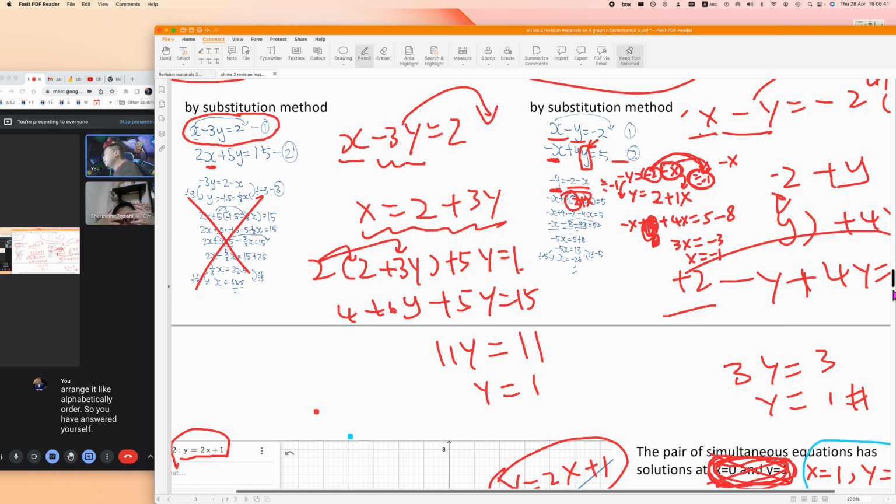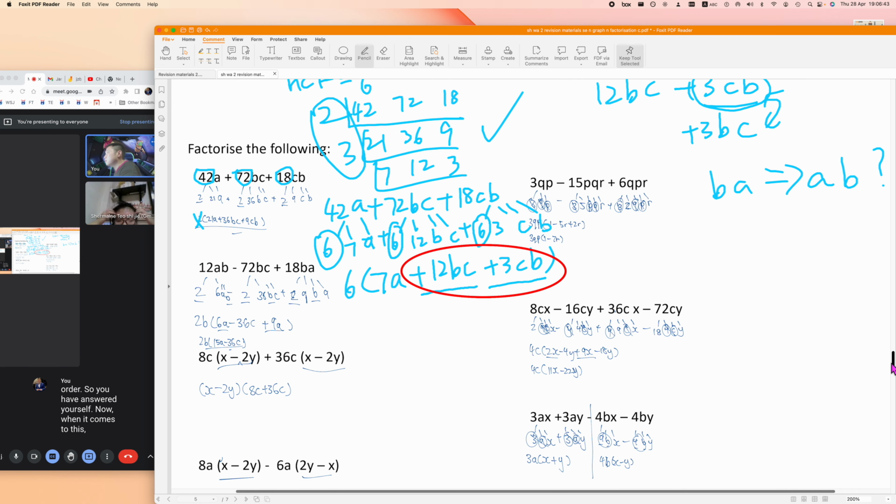Now, when it comes to this, BC. So the child BC should be correct, right? Because B is before the C, which is correct. What do you think? 3CB.